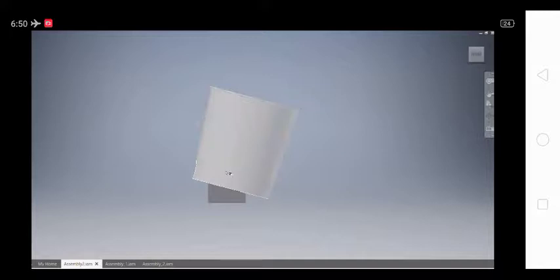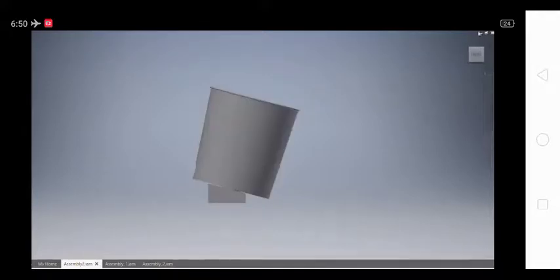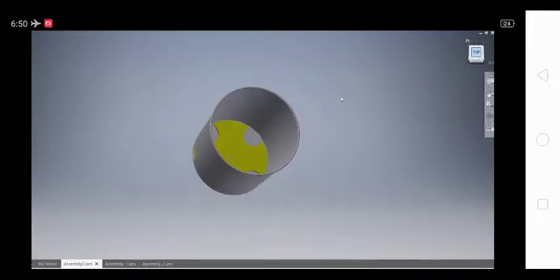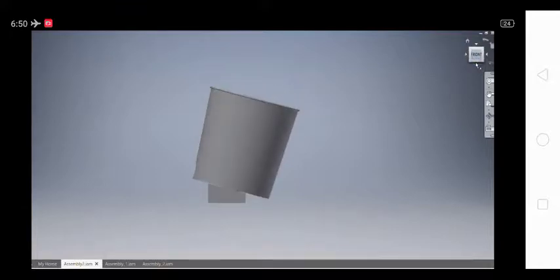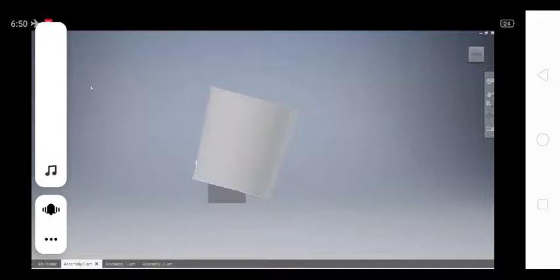It has a container to store the ping pong balls. Inside the container is a feeder disc which is connected to a DC motor. The container is inclined at an angle of 10 degrees and is supported by a base.